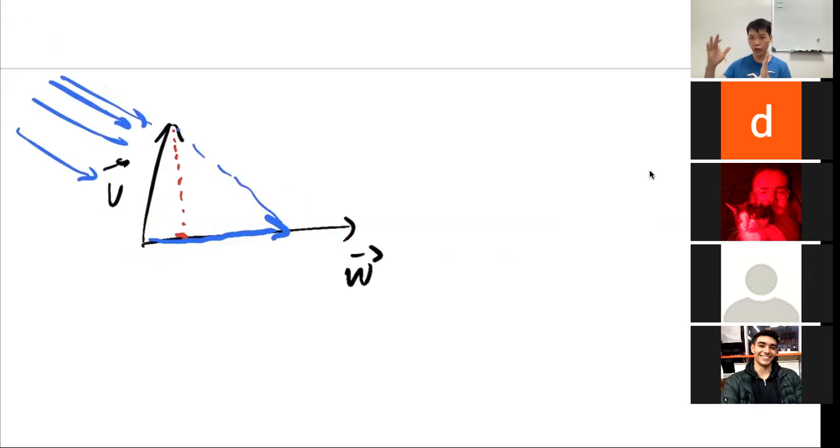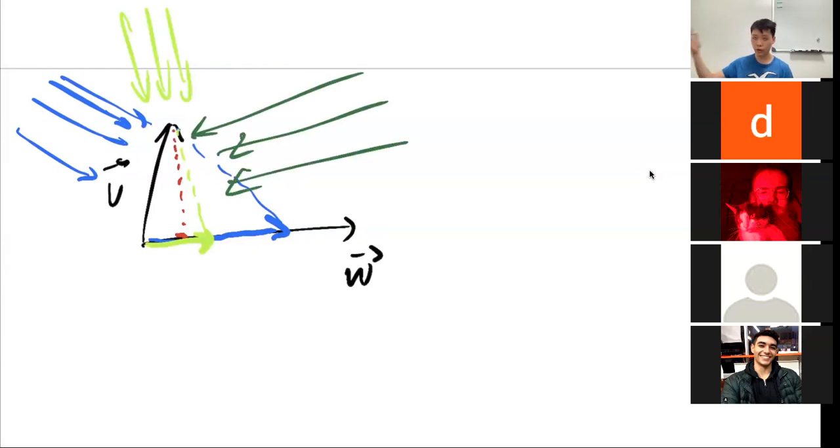If you change the light to different angles, you change the length of the shadow. So if the shadow comes this way, the shadow becomes here. If the light comes this way, the shadow becomes here, as you can imagine.